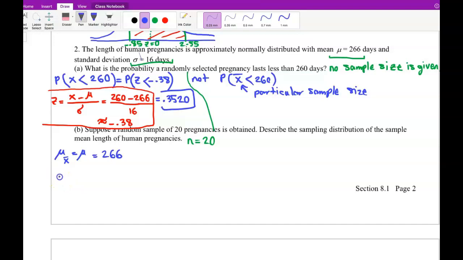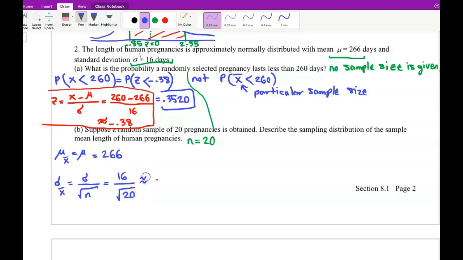Now the standard deviation is equal to the population standard deviation divided by the square root of the sample size. So from here we have 16 divided by the square root of 20.